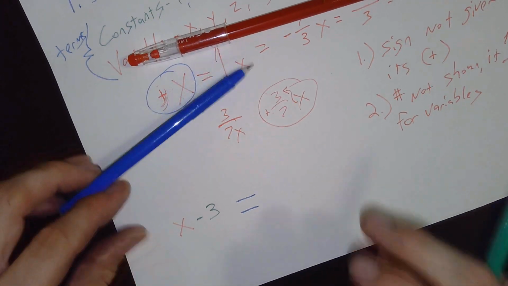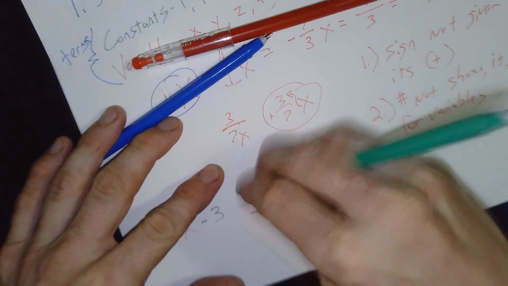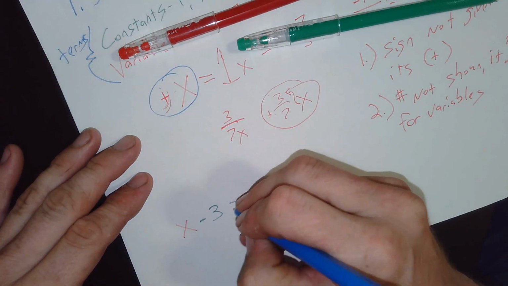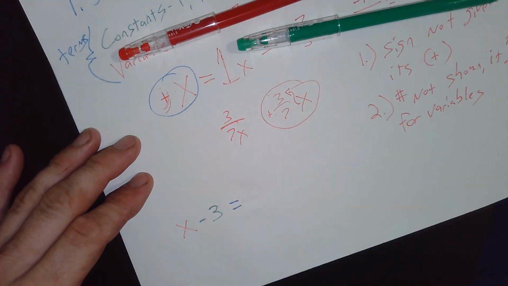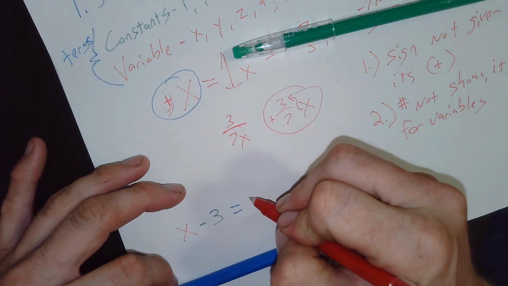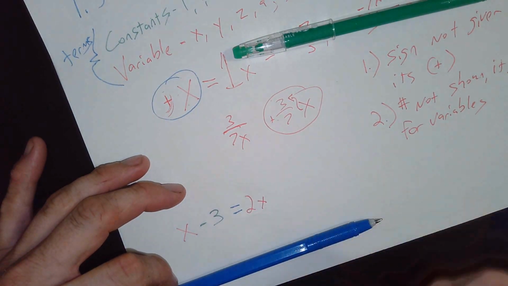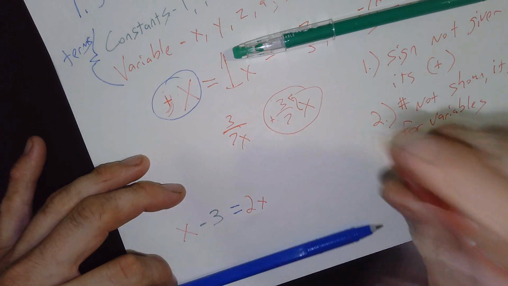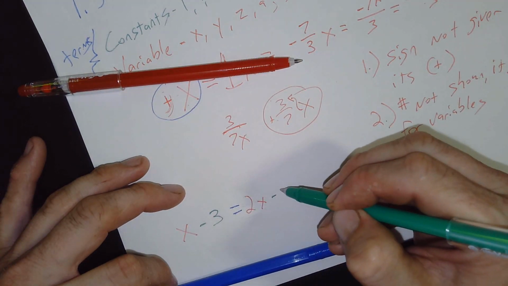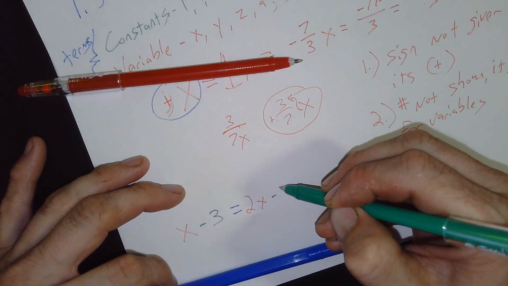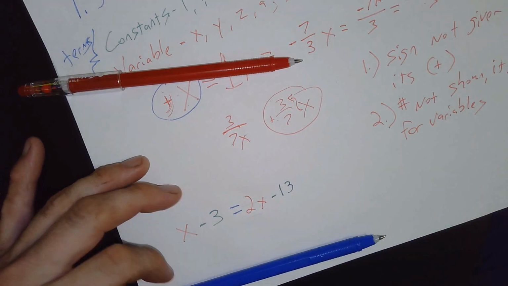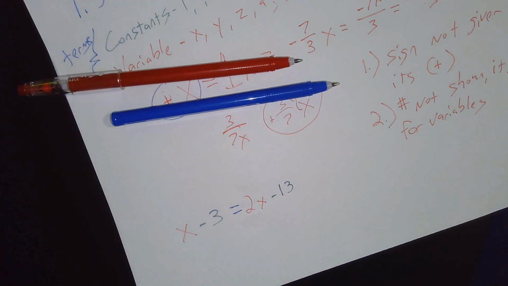I'm making this up as I go. Equals. The equal sign belongs to nothing; it's not a constant or a variable. Equals 2x minus 13. Yeah, that'll work.